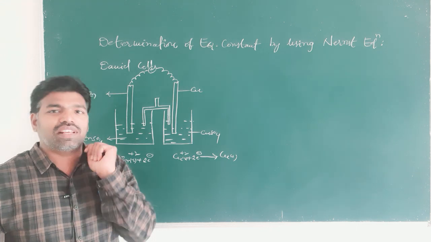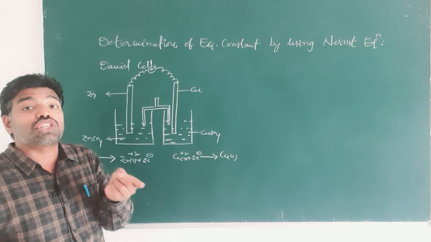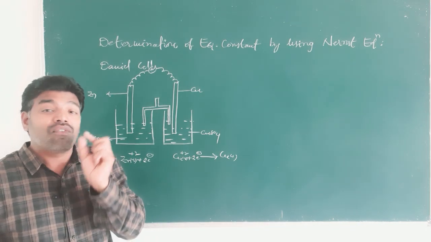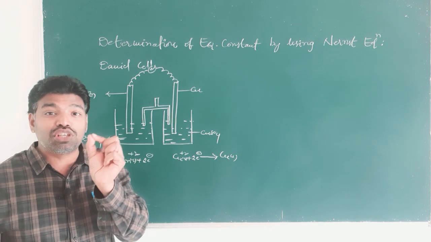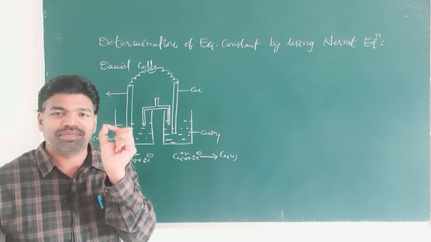At that position, the voltmeter gives a 0 reading. When the voltmeter gives a 0 reading, that indicates equilibrium.